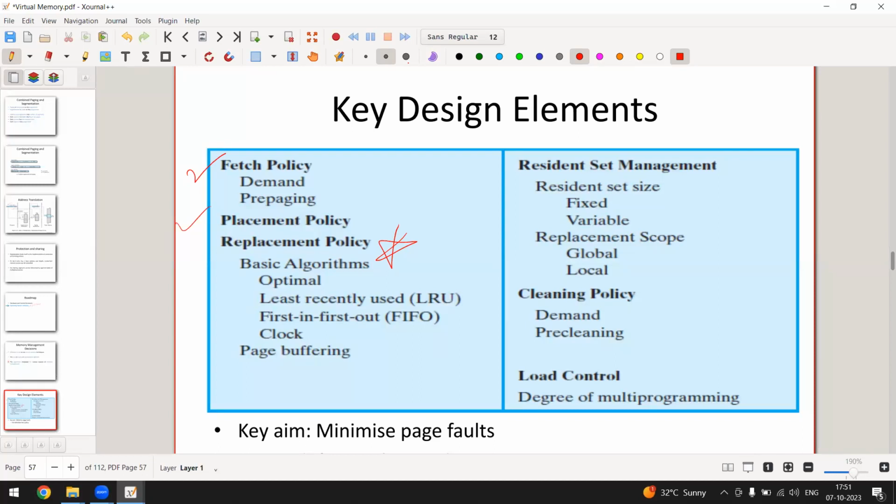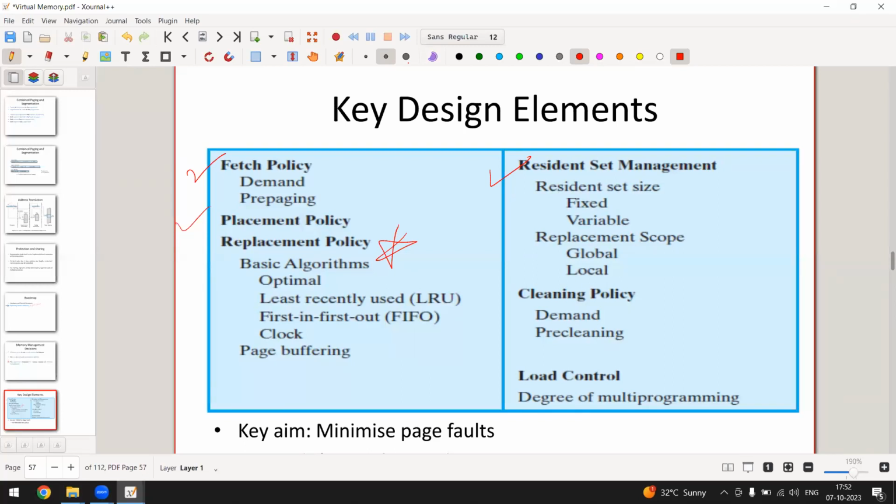After that, we will see resident set management. As you know, resident set means the set of pages for a process which are there in the memory. In order to execute the process, whichever pages are required is called resident set management. So different policy level discussions with respect to resident set we will do.